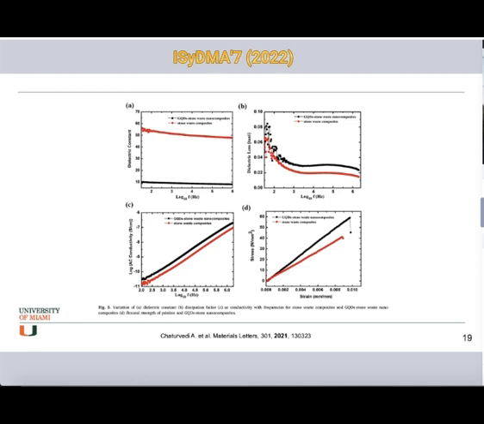The dielectric constant of pristine epoxy was found to be about 5 at the same frequency.